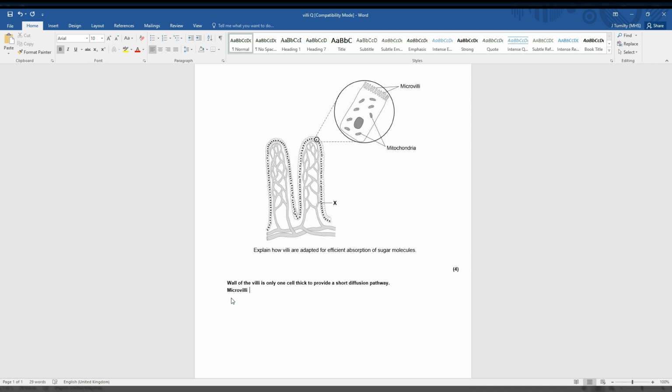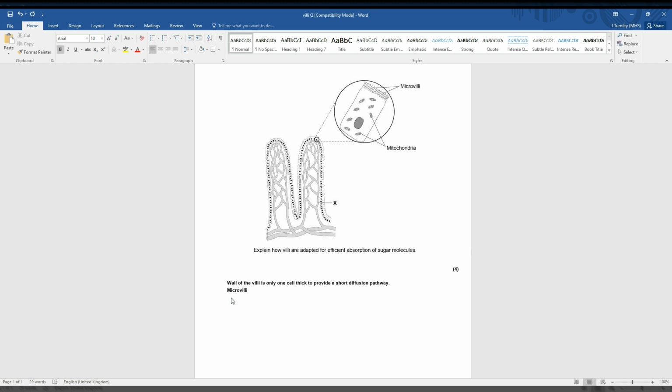So how are they helping us to absorb sugar molecules more quickly? Well, what those microvilli do, and in fact the villi themselves as well, is that they actually produce a large surface area.